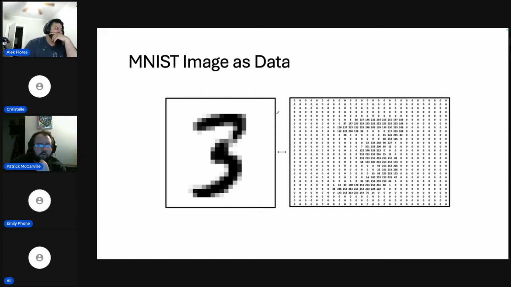So here, this number 3, what this looks like in our data set and what it looks like when we pass it to the computer is anywhere there's a white space, it's represented as 0. And then there are these ranging values from 0 to 255, representing the level of grayscale, with 0 being closer to white and 255 being closer to black.